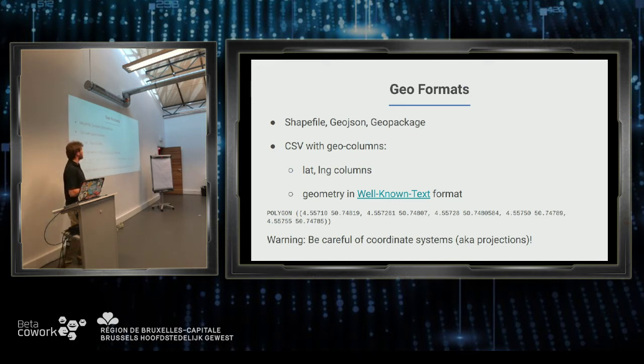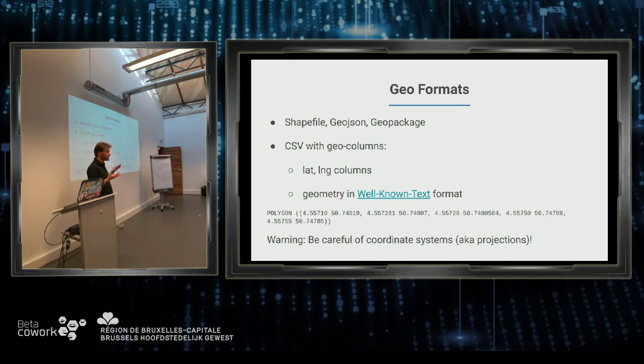So, a few words about geoformats. Just as for tabular data you'll find lots of Excel files, CSVs, and others, you have specific formats that have shapes in them. You'll have either shapefiles, GeoJSON, or GeoPackage files.